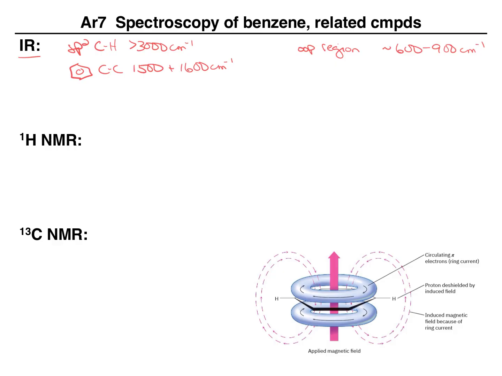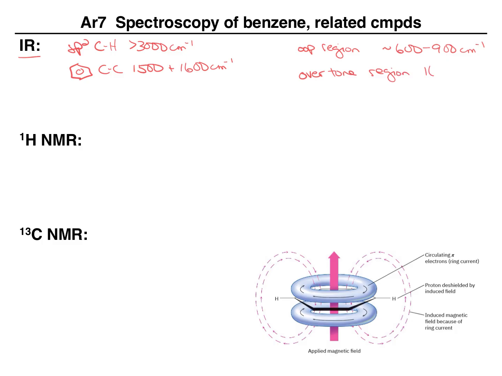We don't always have to fully interpret this, but in some cases it may be possible to see distinctive peaks in the OOP region that can be correlated to particular substitution patterns on a benzene ring. And related to the OOP region is the overtone region.